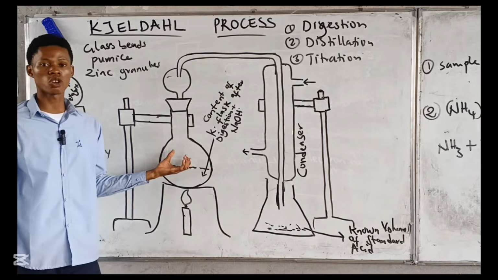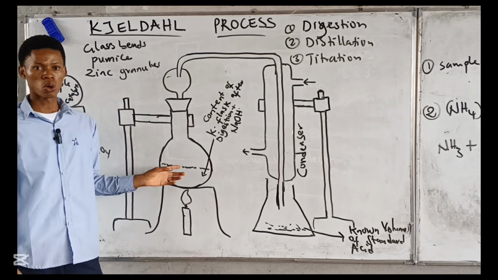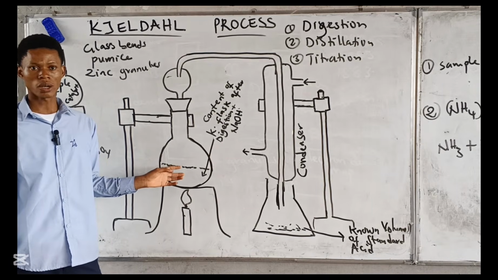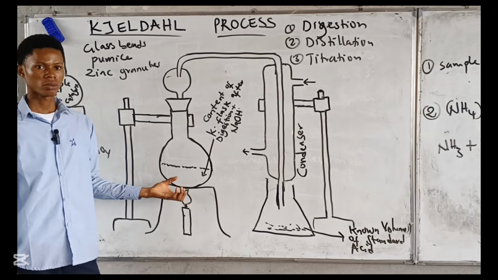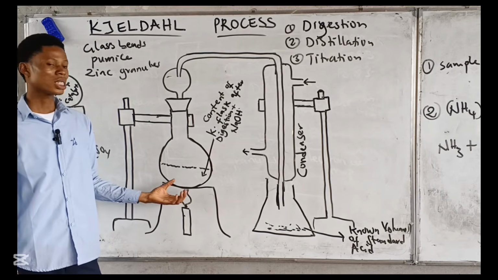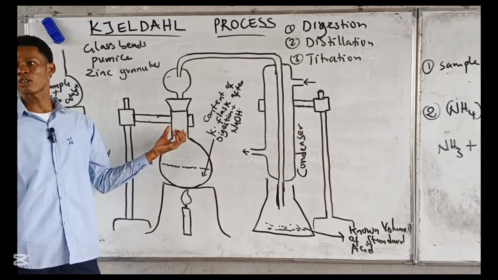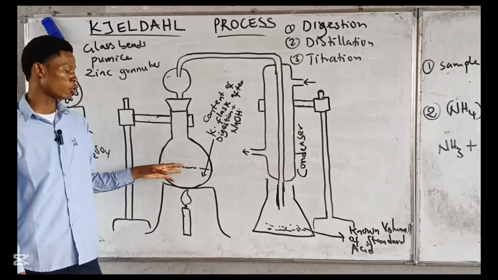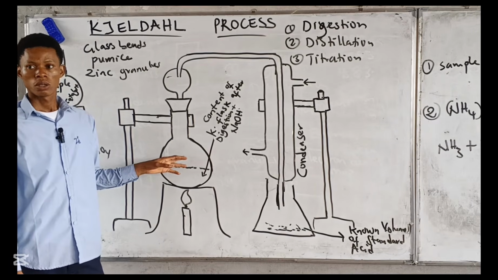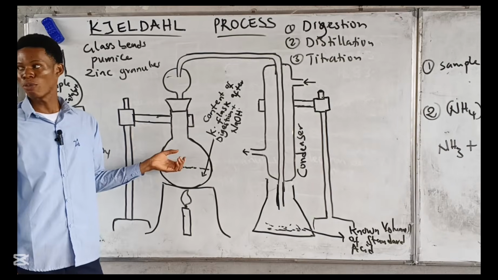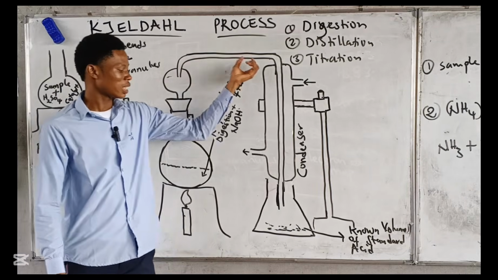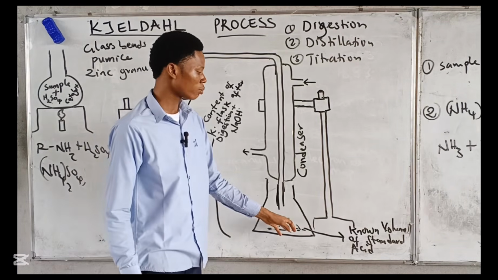You put it in the distillation flask and you add what? Sodium hydroxide, right? You heat. As you heat, the ammonium ion we turn into what? Ammonia, right? Ammonia gas. And the ammonia gas is now collected here.